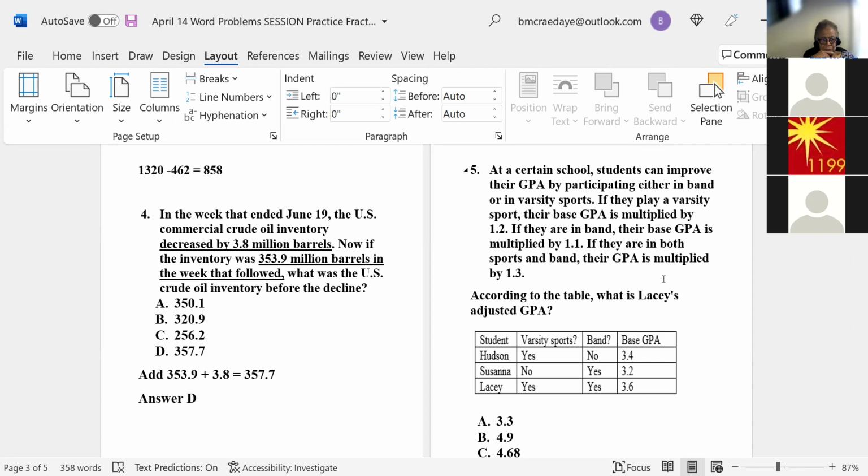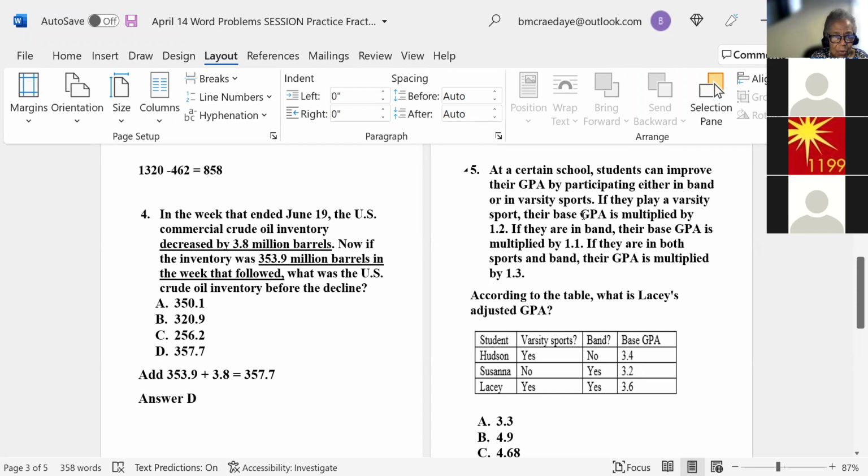If they are in bands, their base GPA is multiplied by 1.1. If they are both in sports and band, their GPA is multiplied by 1.3. According to the table, what is Lacey's adjusted GPA?